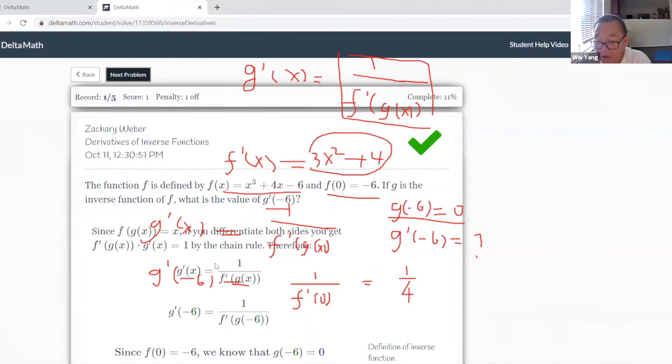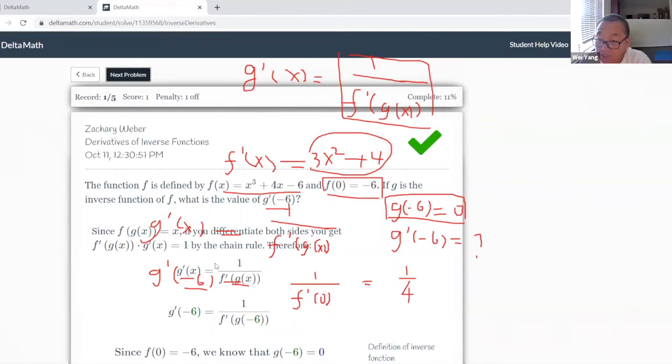Say we are looking for g'(-6), right? So you just plug in -6 into g. Then g(-6), based on the inverse function, should equal 0, because we can find from here that f(0) equals -6. So g(x) is an inverse function of f(x), which means g(-6) equals 0.